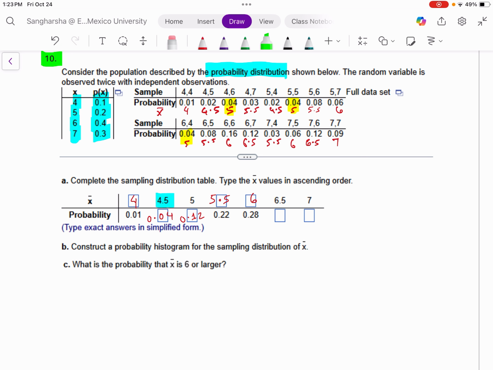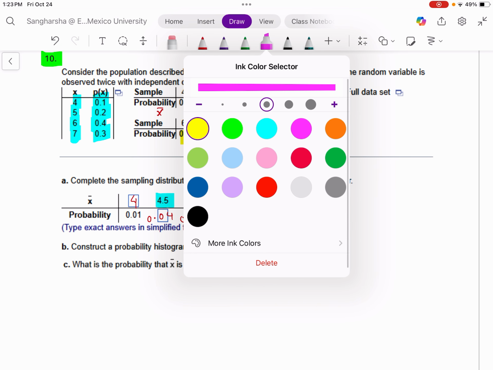Now for 6.5, let's look for 6.5. We have 6.5 here and 6.5 here. So you add the corresponding probabilities, 0.12 plus 0.12, 0.24. Now we look for the 7. Our 7 is here, so 0.09. Now in this table, if you add all these probabilities, the sum has to equal 1.